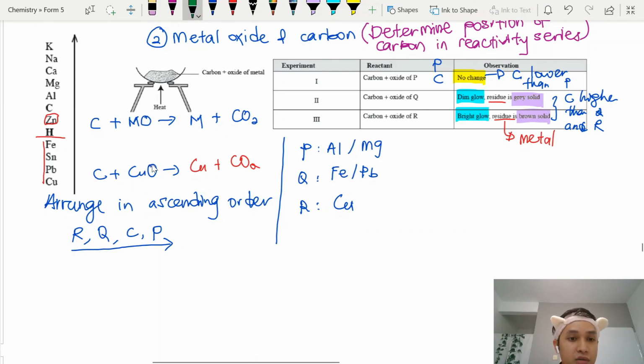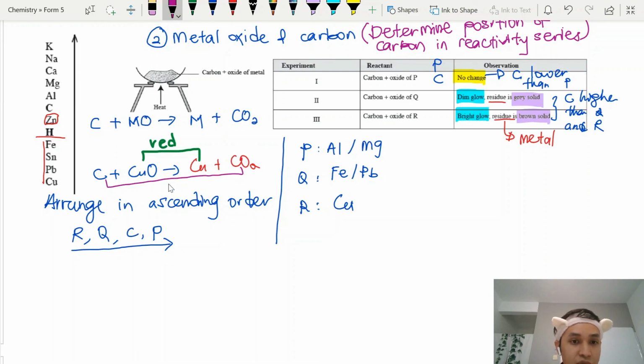Your copper oxide is being reduced to copper, it loses its oxygen, so this is reduction. Whereas carbon gains oxygen, so this is oxidation. So that means carbon is your reducing agent.